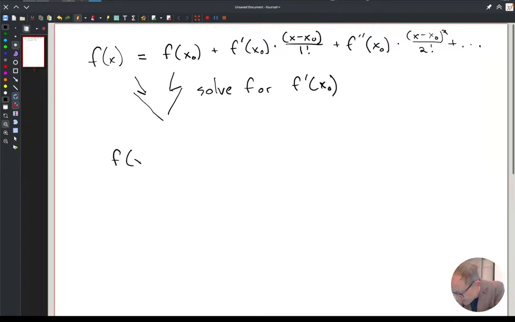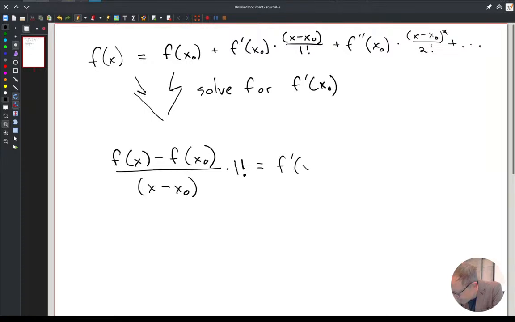It's f of x minus f of x0 over x minus x0. It's not anything new because it's really just saying delta f over delta x equals the first derivative. But I ignored, chopped off the extra terms, so I ignored all this other stuff, plus everything that is of order (x minus x0) squared.